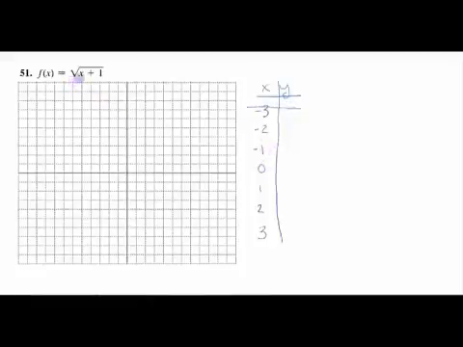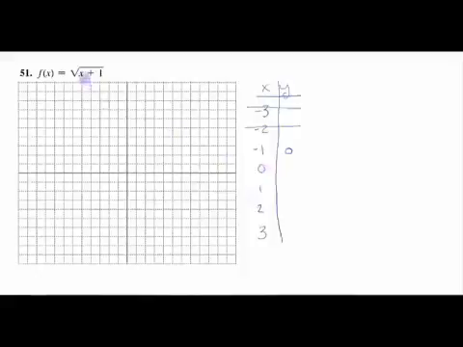If we put in negative 2, negative 2 plus 1 is negative 1, and then we're taking the square root of a negative number again. So we can't use negative 2. Let's try negative 1. Negative 1 plus 1 is 0, and the square root of 0 is fine. It's just 0.